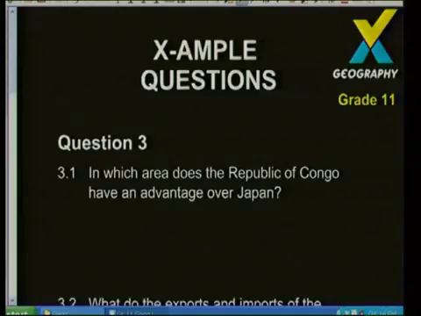And being a developing country, they certainly are not going to have the highly skilled labor force that Japan has, or the high levels of technology. So if we go back to the question, in which area does the Republic of Congo have an advantage over Japan? It's in the amount of resources. Republic of Congo has certainly got more resources at their disposal as opposed to Japan.